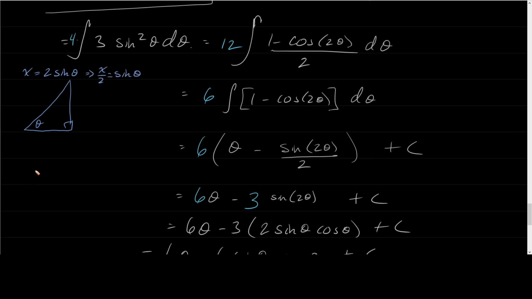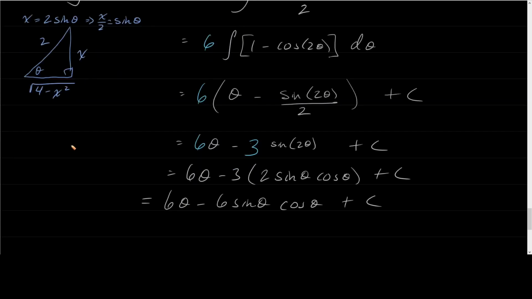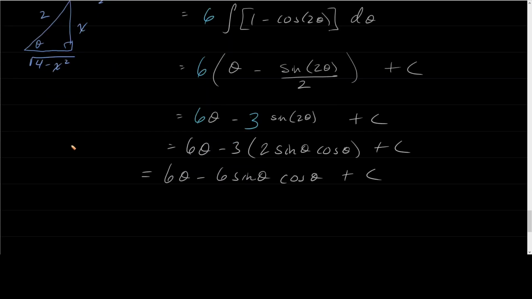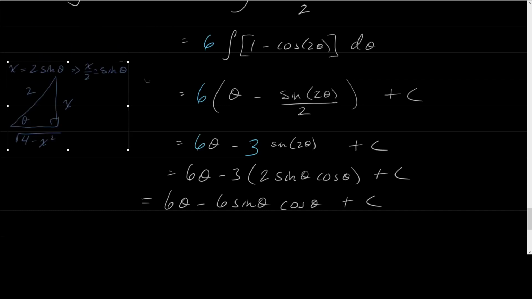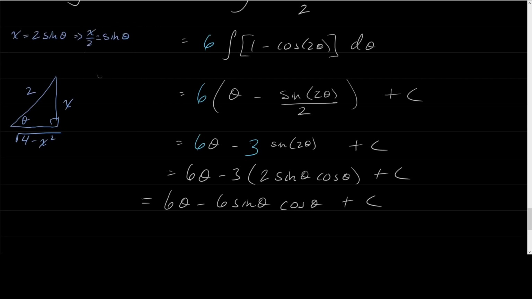Sine is opposite over hypotenuse, so we have x and 2, giving us the adjacent being the square root of 4 minus x squared. Now that we have that, we can use it to complete this problem.